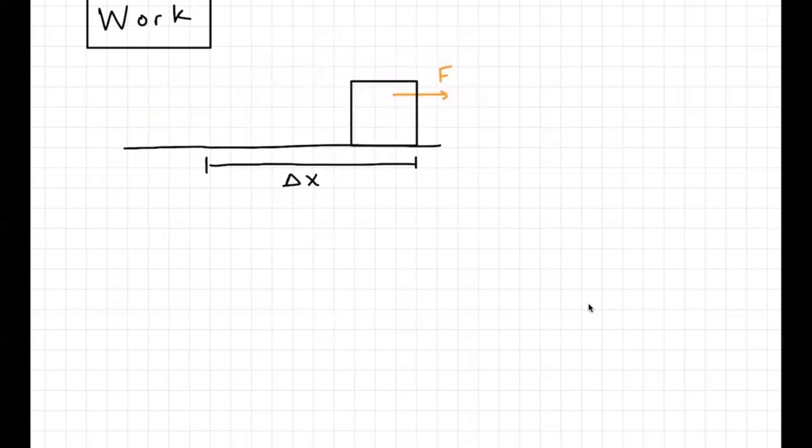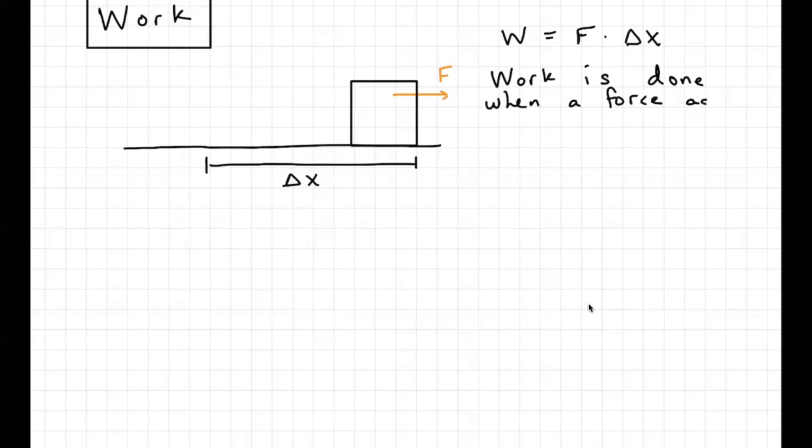I can say the work done on the box by this force F is equal to the force times that displacement. So work is calculated, or work occurs, or work is done, I guess I could say. Work is done when a force acts in the direction of the displacement, or the direction of motion, I could say.